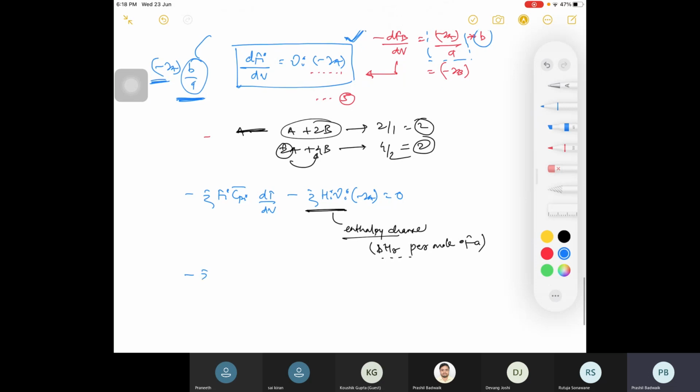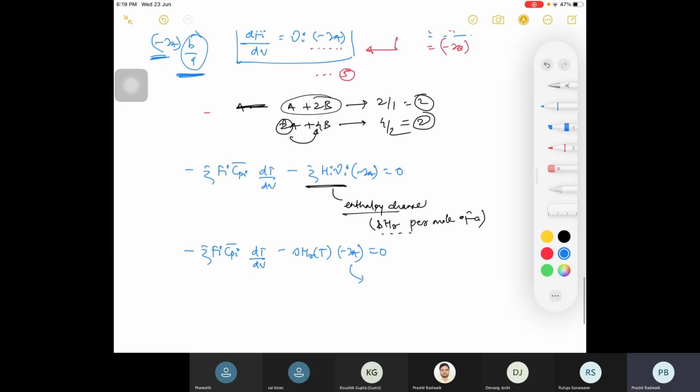So we'll be having this equation: minus summation of Fi Cpi mean dT by dV. Ultimately you are getting the equation which we derived in CSTR. It is similar, just integration will be there and a little change. So this is your delta HR reaction at temperature T into your minus Ra is equal to 0. I am replacing everything in terms of minus Ra, and your minus Ra is what? What is converted: Fi naught dXA divided by dV.